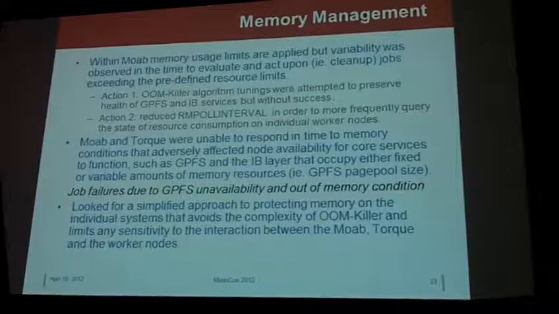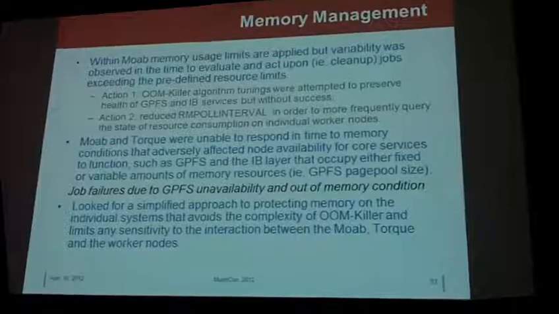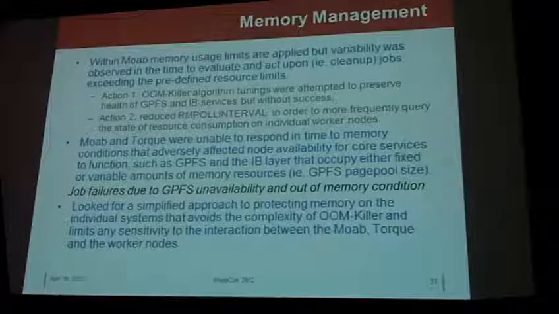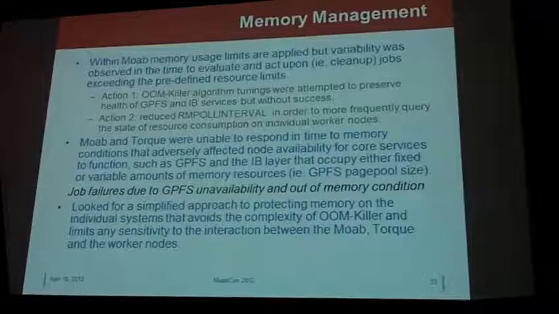Again, that didn't really help. The underlying cause was really the nature of how we were using the system from a GPFS perspective in the IB layer. Once we hit a certain memory boundary threshold value, we were losing GPFS, jobs were failing, and it was a bit of a mess.